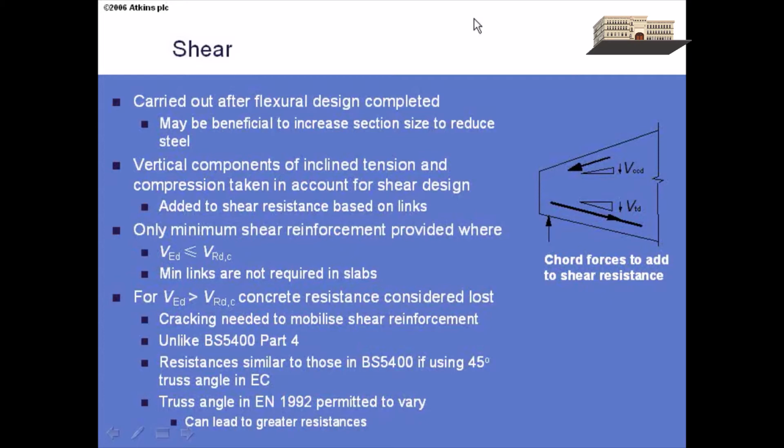As soon as we exceed VRD,c, the concrete strength, then when we start adding links in, we can't any longer add the two components together. As soon as the concrete capacity is exceeded, then we have to design entirely on links. But that isn't as desperate as it sounds, because we're allowed to vary the truss angle in the design for shear, which we'll talk about in a minute, which actually means you get much higher resistances generally out of the Eurocodes than you did out of BS 5400.